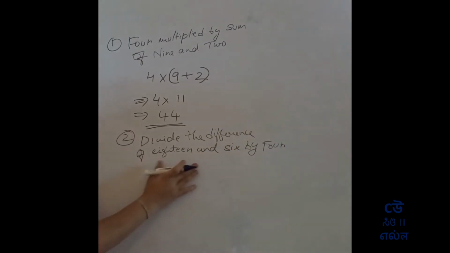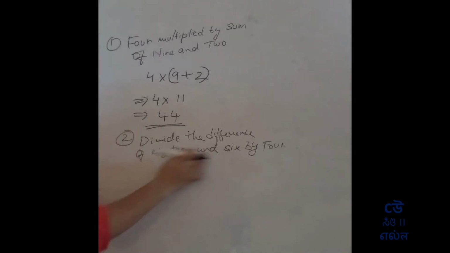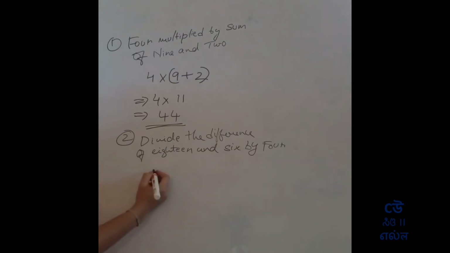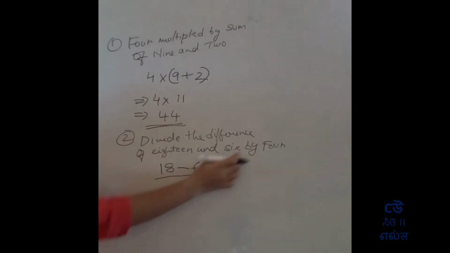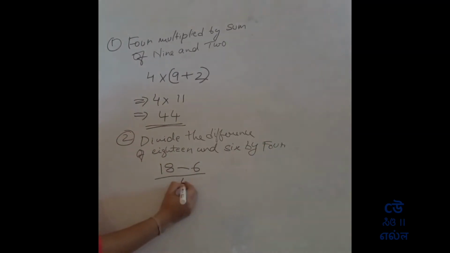You have to carefully read the question. Here what they have asked is to divide the difference of 18 and 6. Difference means always subtraction. So 18 minus 6, divide by how much they have given? By 4. Understood, children?